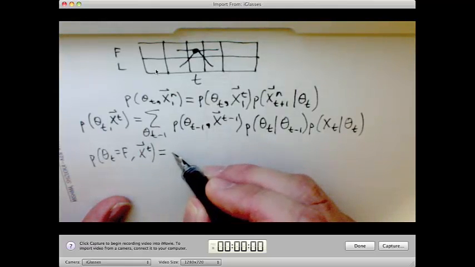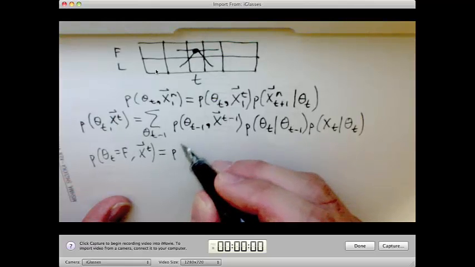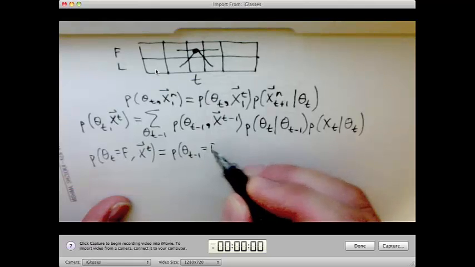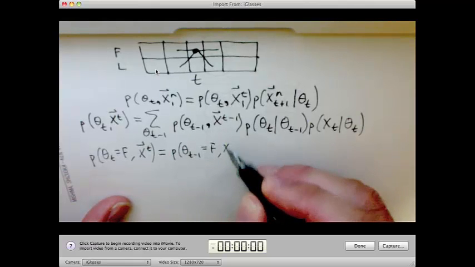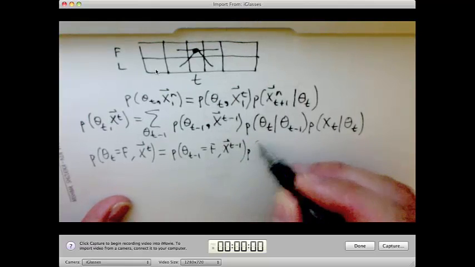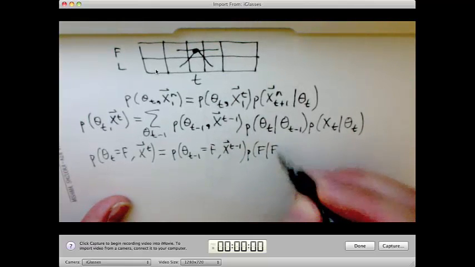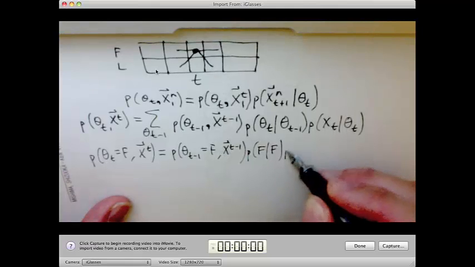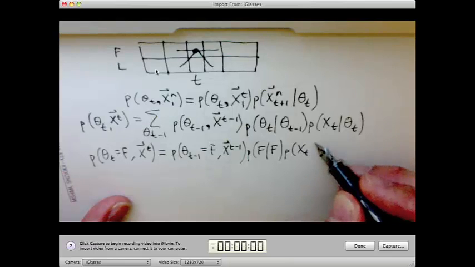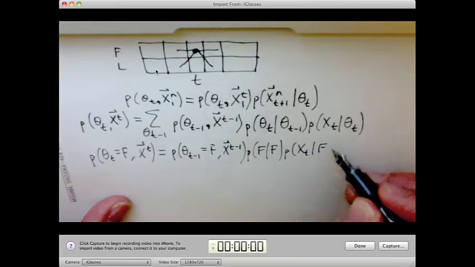So here I've got theta t minus 1 in, let's say, the fair state. I've got all my observations up to t minus 1. I've got the probability of fair given fair. And I've got the probability of my observation at time t given my fair state.